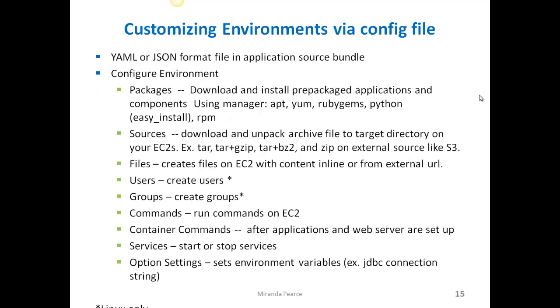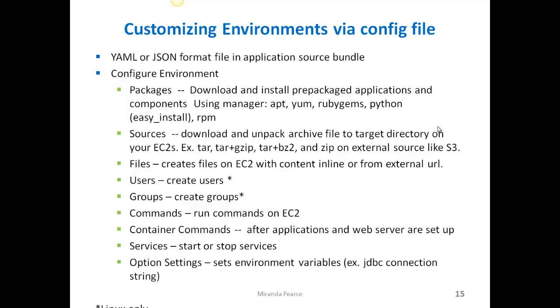In addition to the environment fields that we were asked for when we were deploying an application in Visual Studio, you can also create a custom configuration file, and it's just a YAML or JSON format file in with your source code. And in it, you can tell Amazon to download and install prepackaged applications and components.